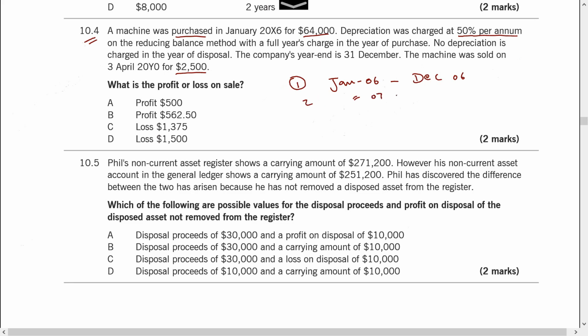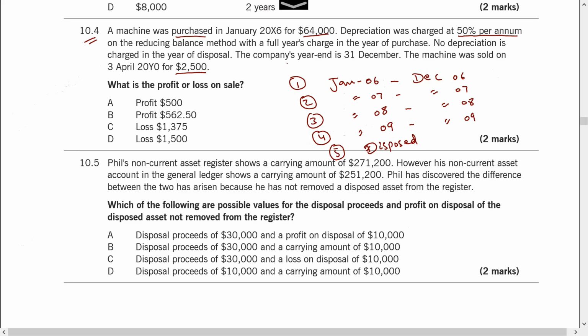Similarly, we have used it for year 07, then we have used it for year 08, again we have used it for the year 09, and in the 5th year we have disposed of this machine.